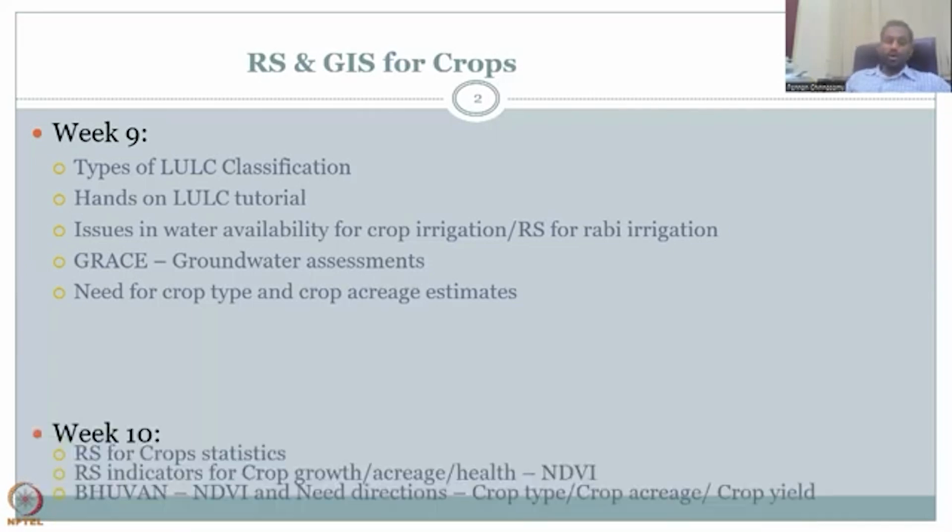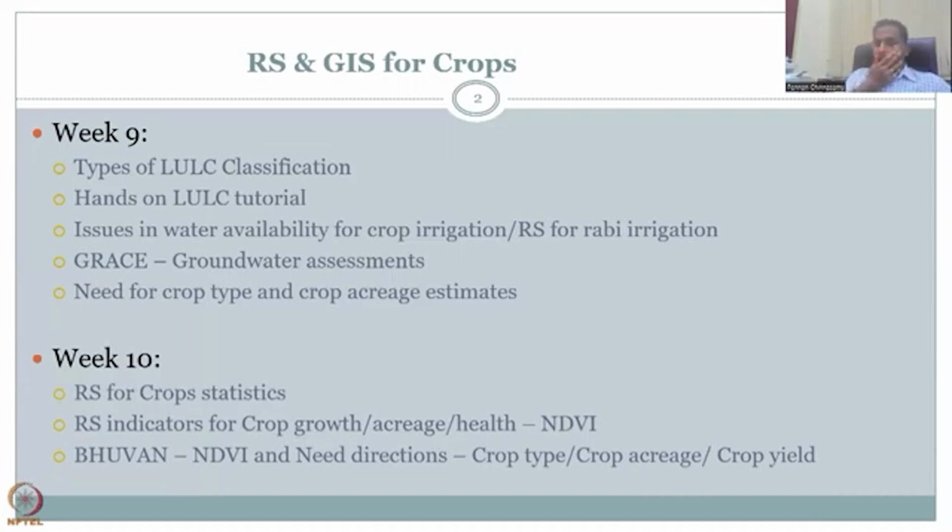And now moving on, in week 10, we will see what exactly the remote sensing tools are available for crop statistics, which include crop type identification, crop acreage estimation, etc. There have been many indicators developed using remote sensing data.